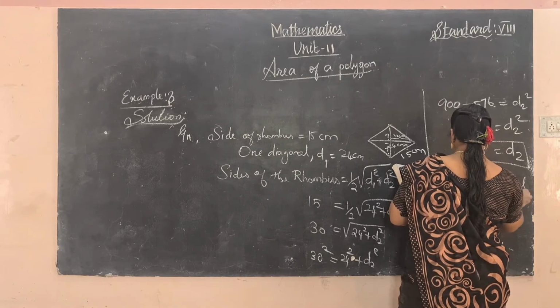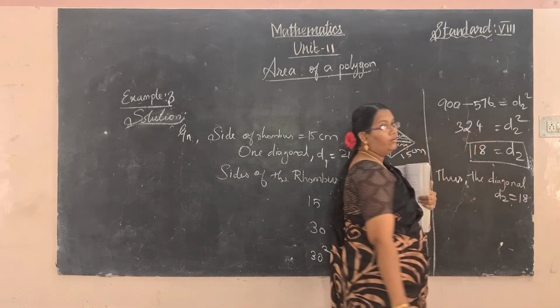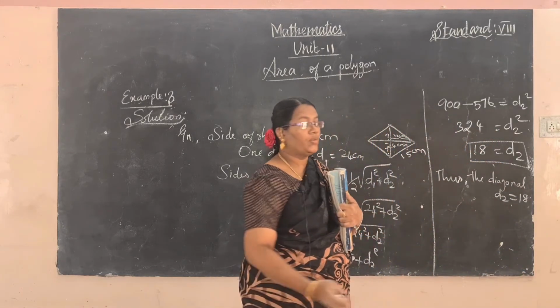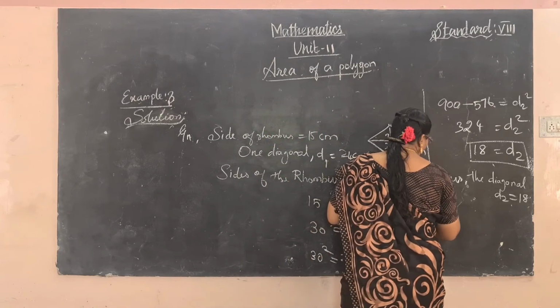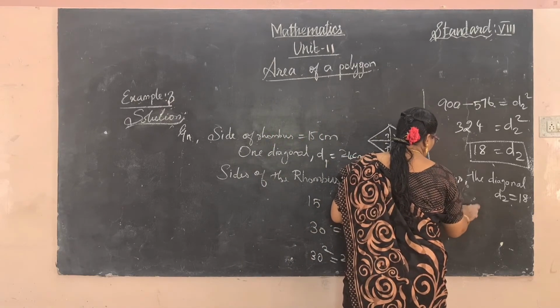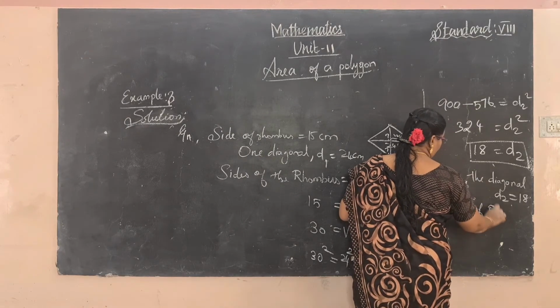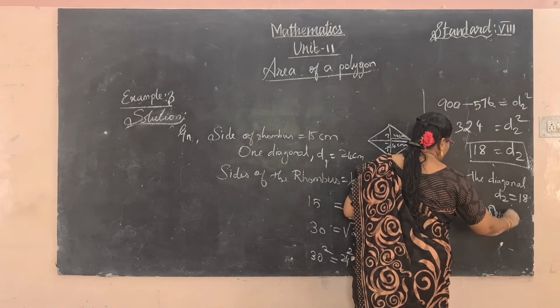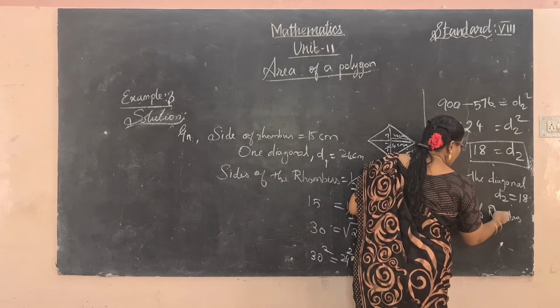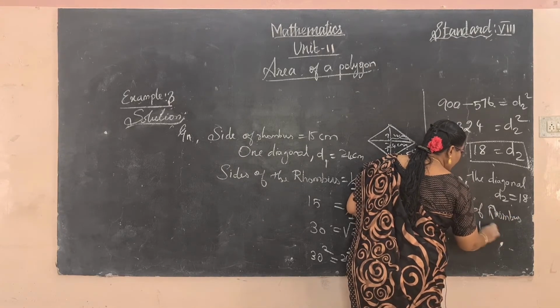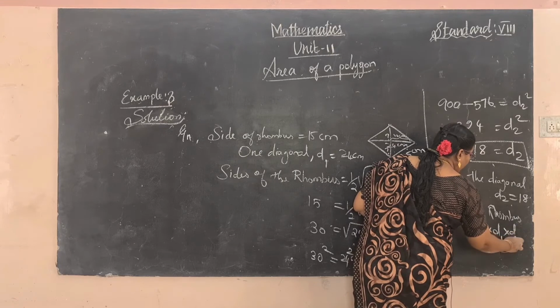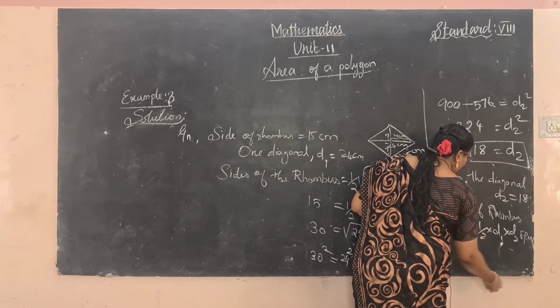d2 is equal to 18. Now we have to find the area of the rhombus. Area of the rhombus is equal to half into d1 into d2 square units.